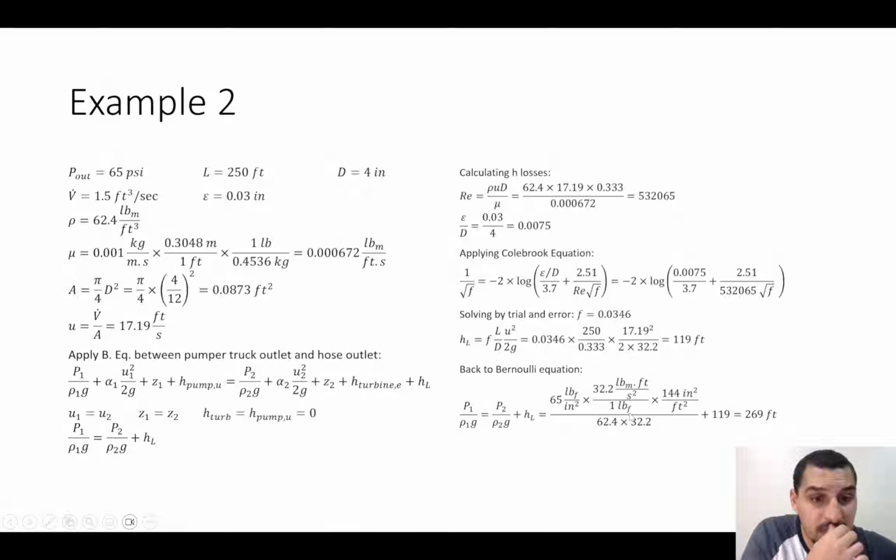So now the numerator is going to be pound mass per foot second square, and this is going to be pound mass per foot square second square. So the result is going to be in foot. So this is foot and this is foot, so the units are homogeneous.